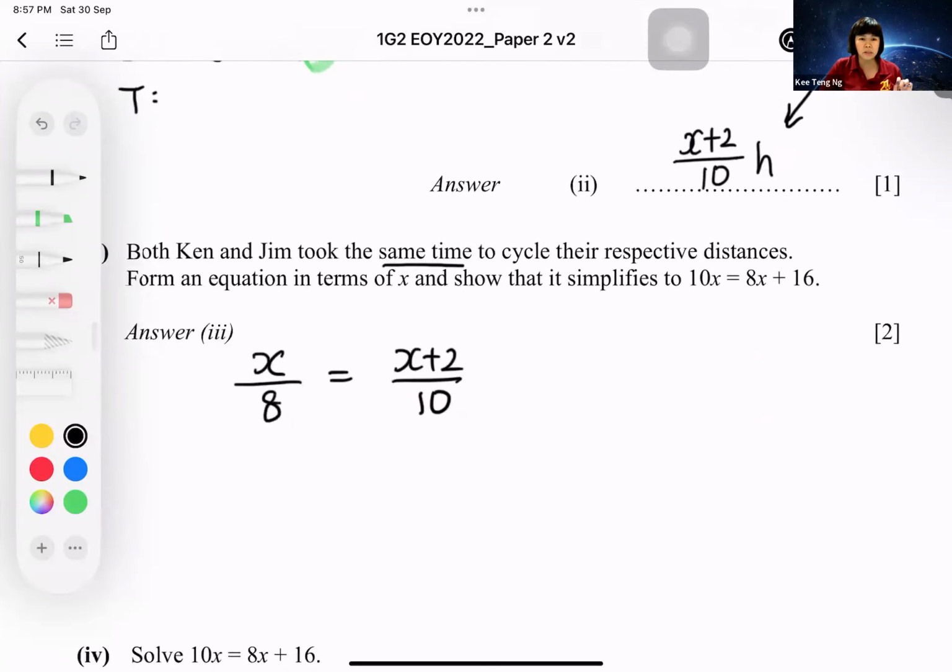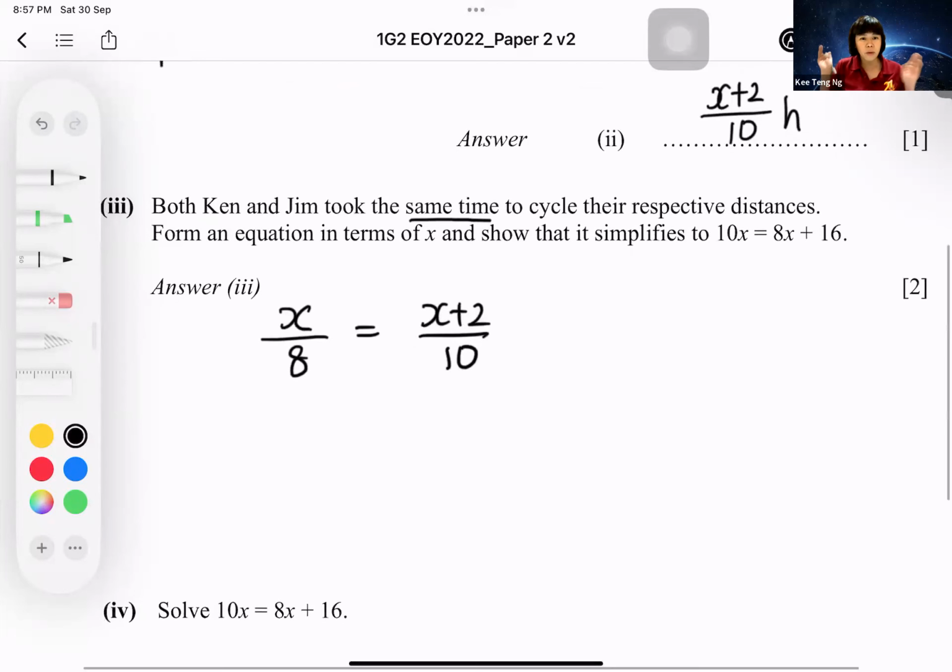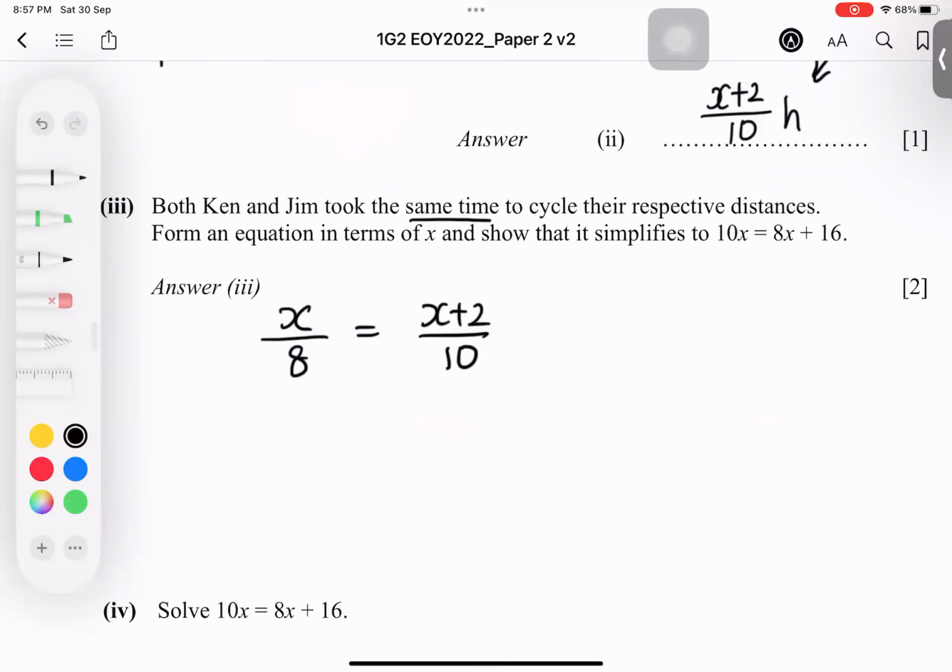Does this look similar to what we just practiced? When we have a fraction on each of the 2 sides, what do we need to do? Cross multiplication. Yes, correct. The equal sign stays in the middle. Denominators multiply across.